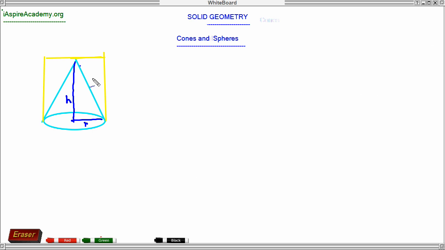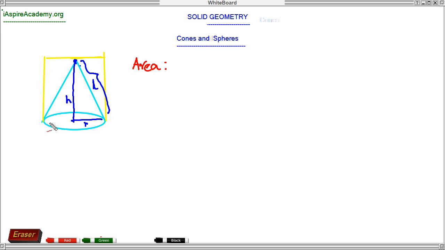There is one more dimension, which is called the slanted height, which is this length. Now, the surface area of the cone.